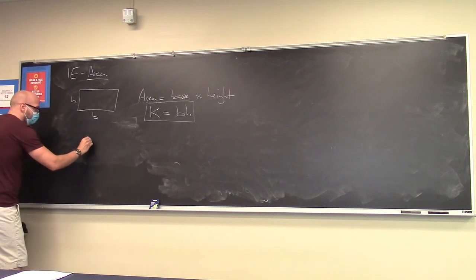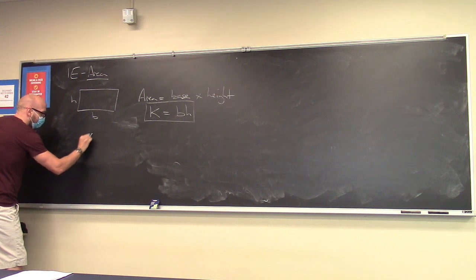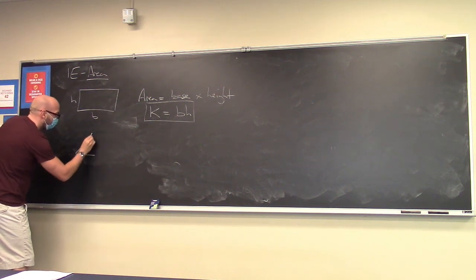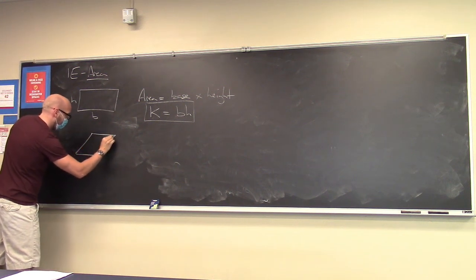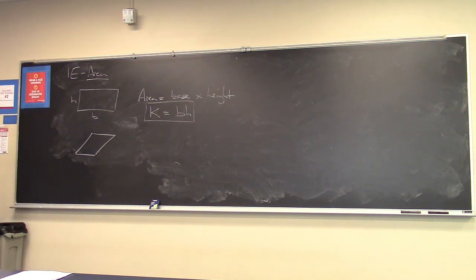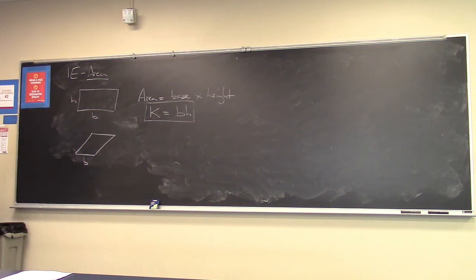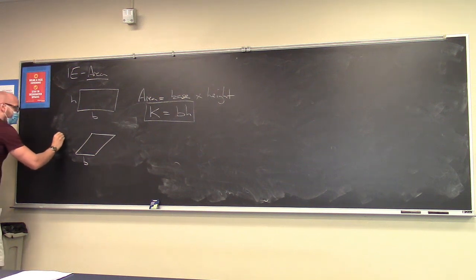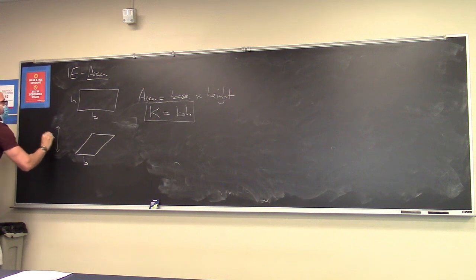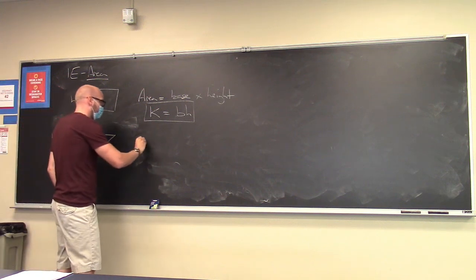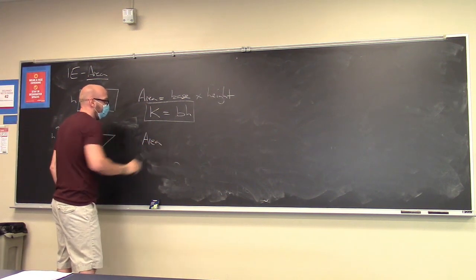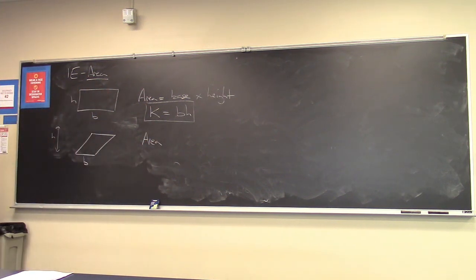What if I then move on to parallelograms? Here's a parallelogram. I'll say this side here is B, and the height of the parallelogram is H. What's the area now?